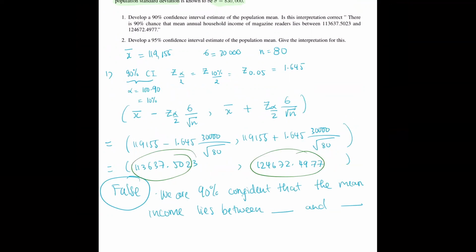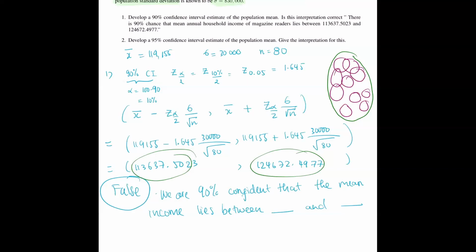The second way is that if you recall what I talked about in the beginning, this is our population, and we randomly sample like this, and we calculate the sample mean. This 90% means that if we repeat calculating the 90% confidence interval in this way for many samples, then 90% of those confidence intervals will capture the true population mean.